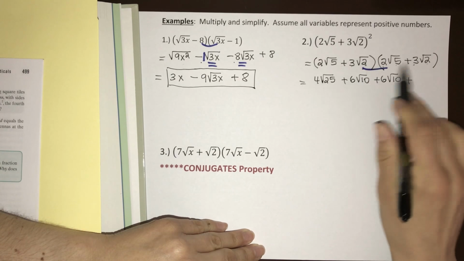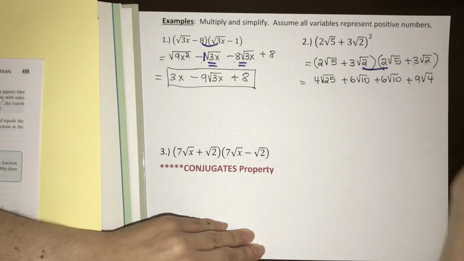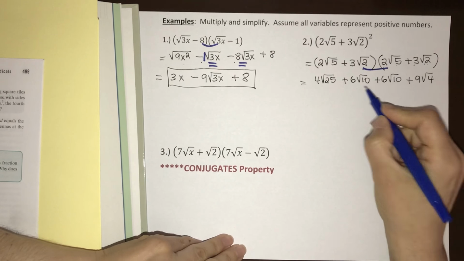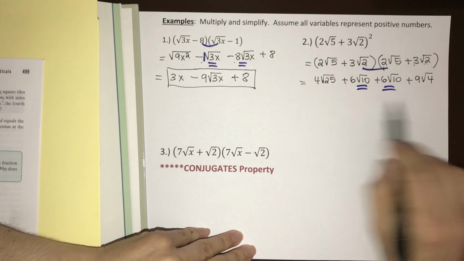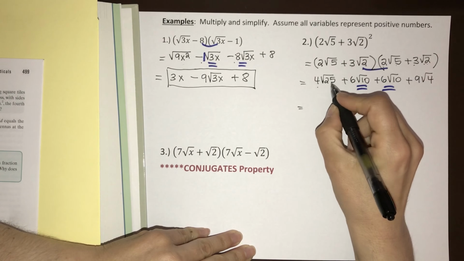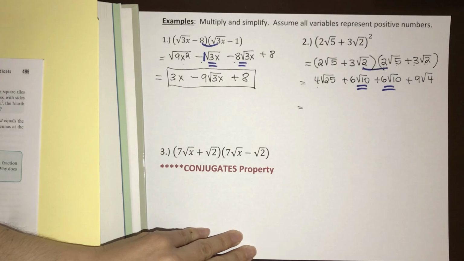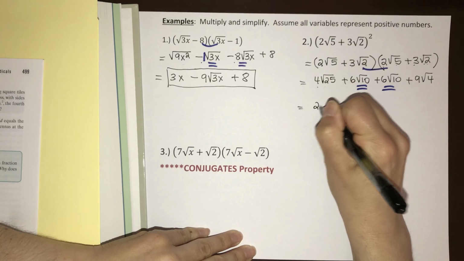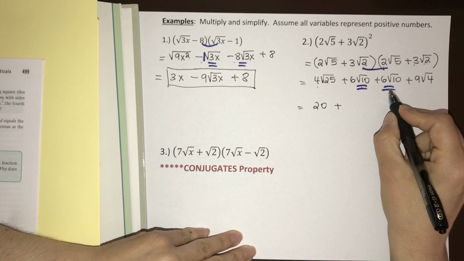Plus the last two terms, 9 square root of 4. Like terms right here. I can simplify the first and the last. 4 times square root of 25 is just really 4 times 5. That's 20.